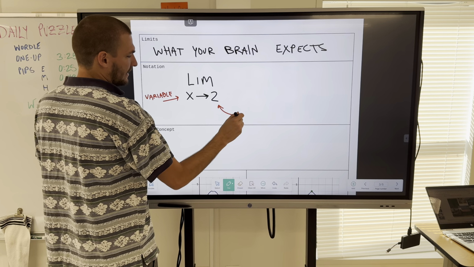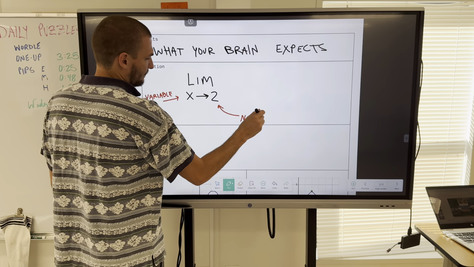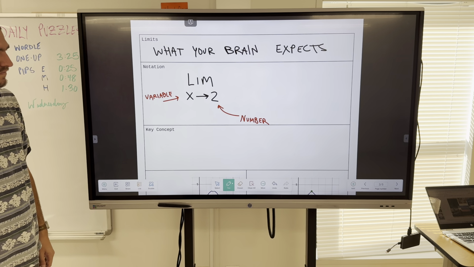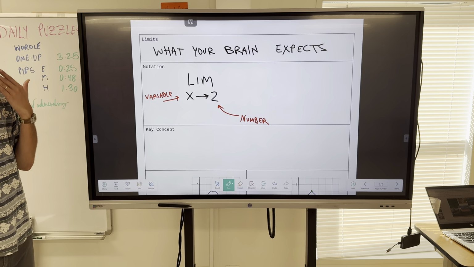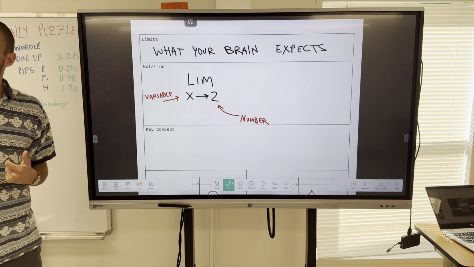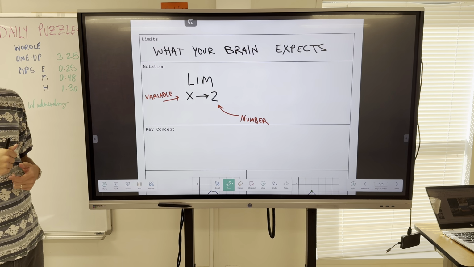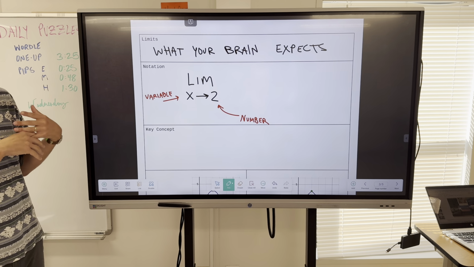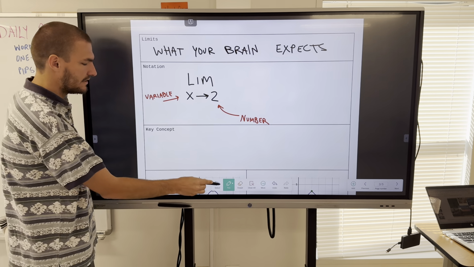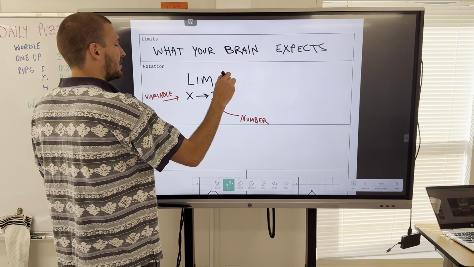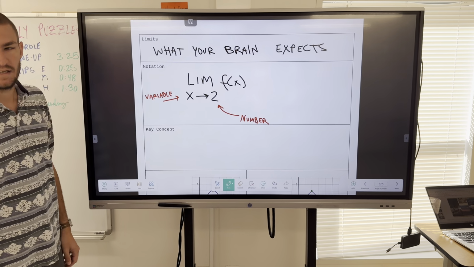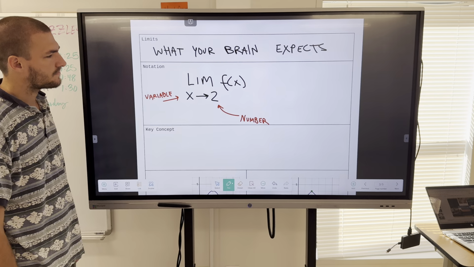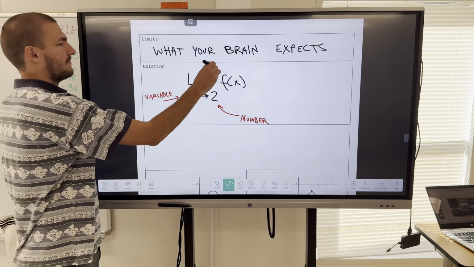And this is going to be a number. So the idea here is that it's saying the limit as x approaches 2, or the limit as x goes to 2. But we also need to make sure we're talking about what? The limit as x approaches 2 of what? And so most of the time you'll see just an f of x after the limit. And that would just be obviously a function.